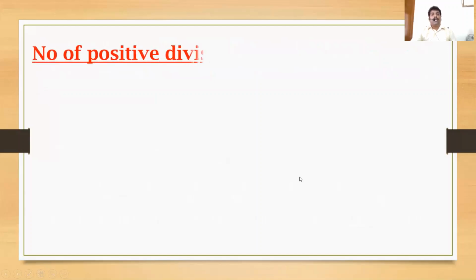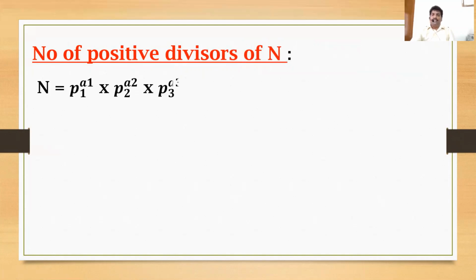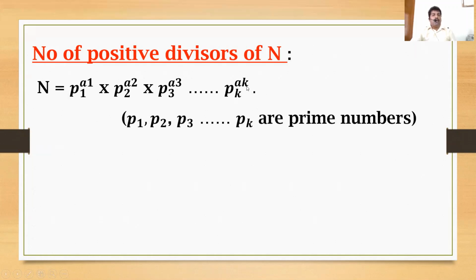Now, number of positive divisors of an integer n. Number of positive divisors or factors, both are the same. Here n is an integer in the form of p1 to the power of a1 into p2 to the power of a2 and p3 to the power of a3 and so on, pk to the power of ak. Here p1, p2, p3 and so on are prime numbers, and a1, a2, a3 and ak are non-negative integers, should not be negative.